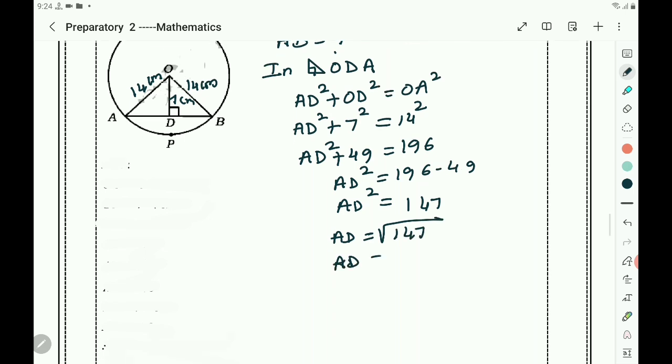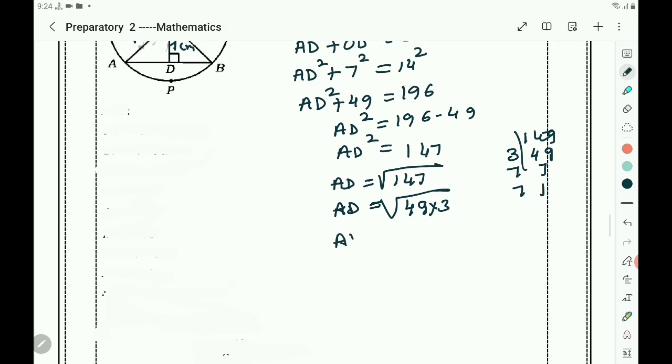Here 147 can be split into a square number and some other number. 147 is divisible by 3. 3 fours are 12, and 3 nines are 27, 7 sevens are 49. So we will get 7 square, meaning 49, into 3.